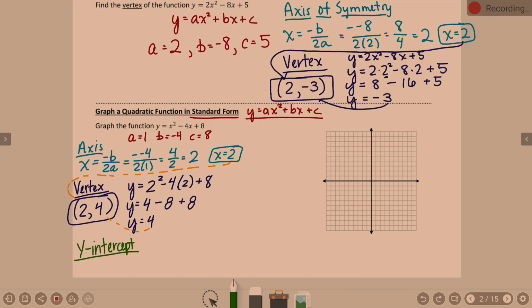So if you take 0 and plug it in, look at what happens. You have 0 squared minus 4 times 0 plus 8. So, well, 0 squared is 0. 4 times 0 is 0. What are we left with? 8.